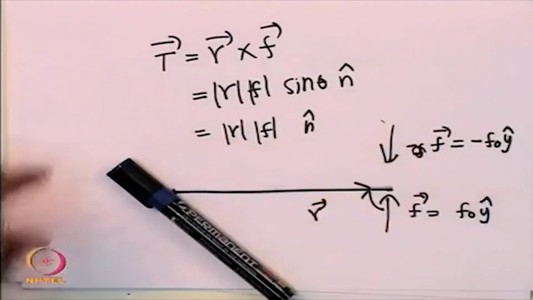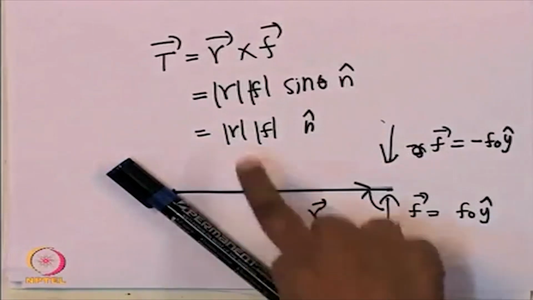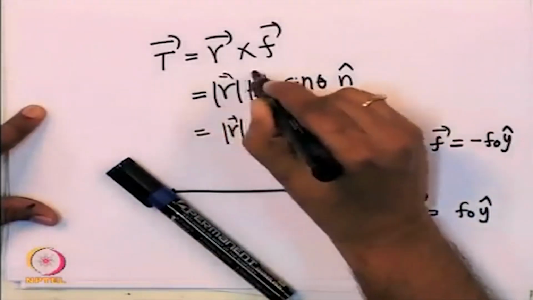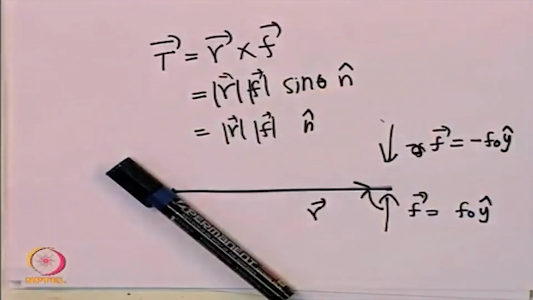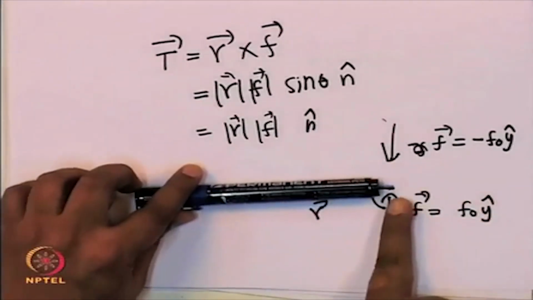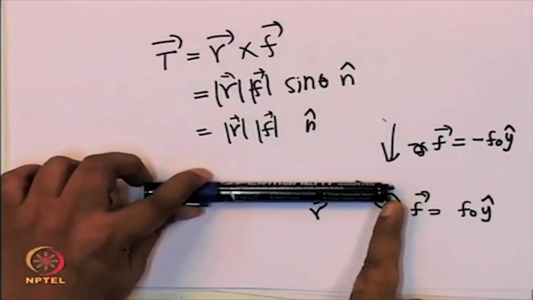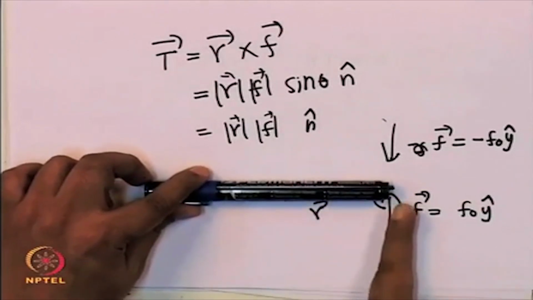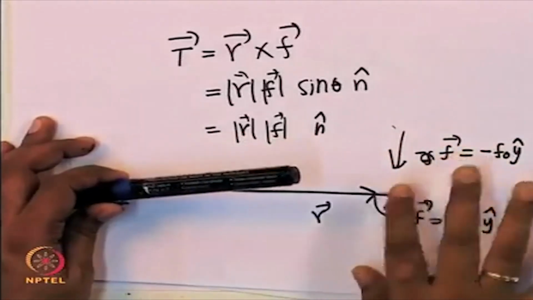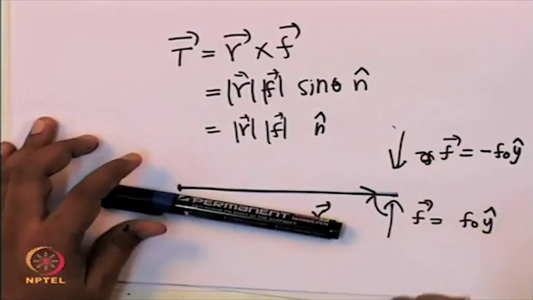So, the answer is the modulus of r, the modulus of f, times n. Now, what is n? It turns out that n will always be in the direction perpendicular to the direction of the force and r. If f and r are in this 2D plane, n will be in this perpendicular direction.